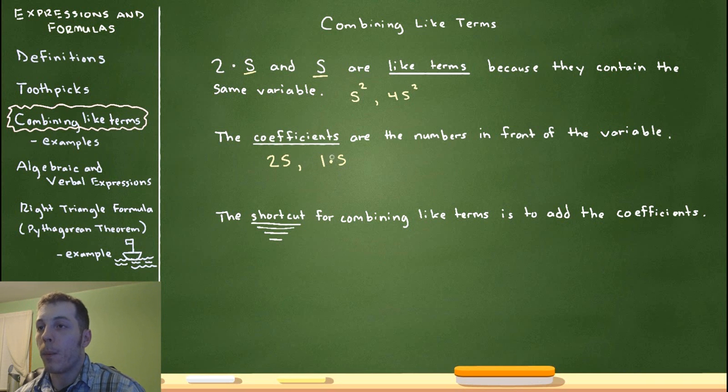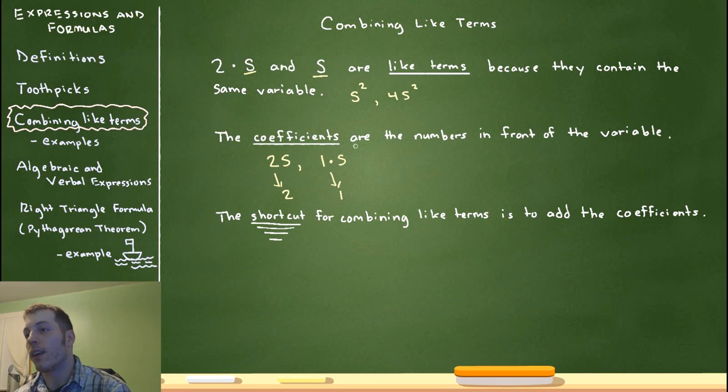If you have a 1 times something, it's not going to change that something. So the coefficients in this case would be 2, and in this case here, the coefficient is 1. Okay, so again, it's the numbers in front of the variable. And in this case here, the coefficient of s squared is a 1, and the coefficient of 4s squared is a 4. Okay, those numbers in front of the variable.